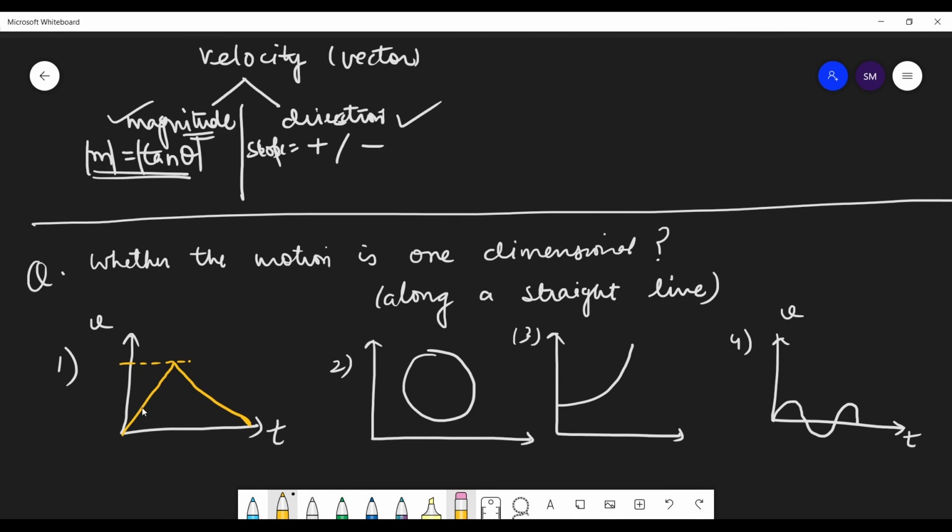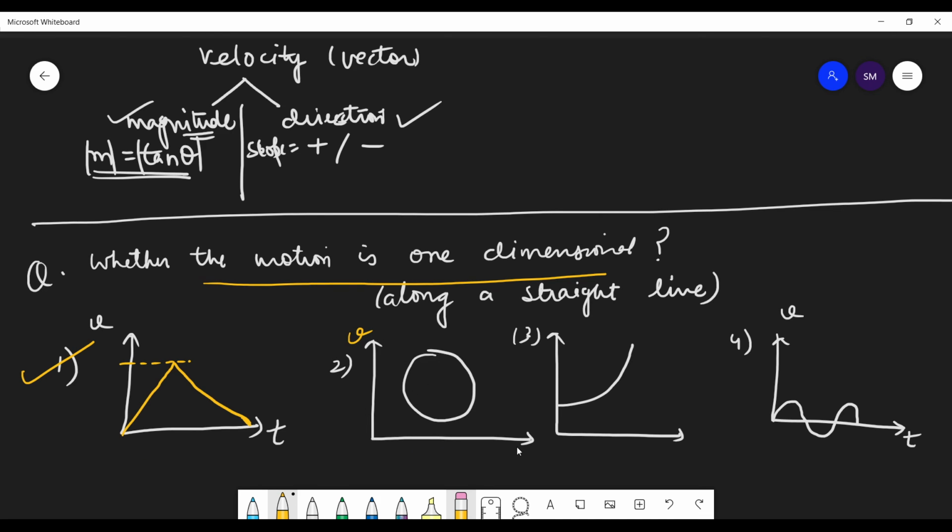See, there can be one correct answer, there can be two correct answers, there can be three correct answers in this question, students. So which one of the motions is one dimensional? Okay, one is one dimensional. Which other motion is one dimensional?